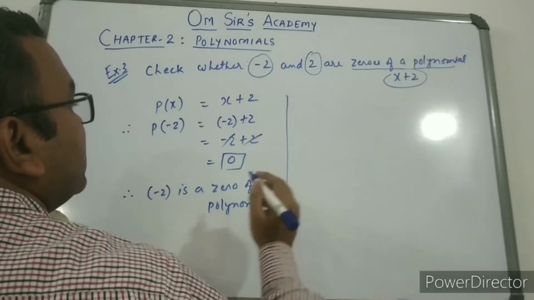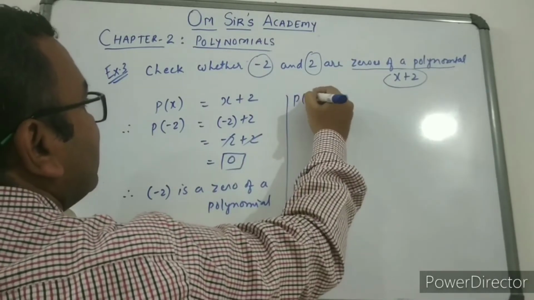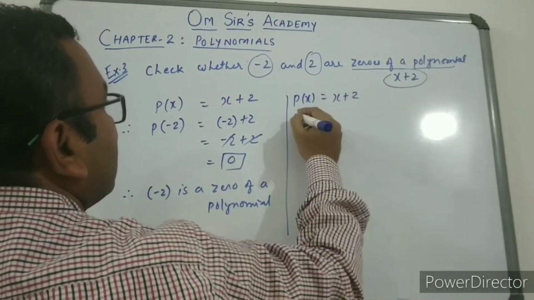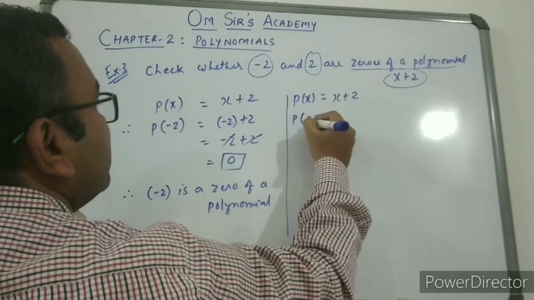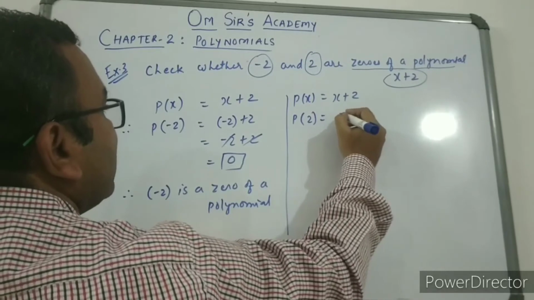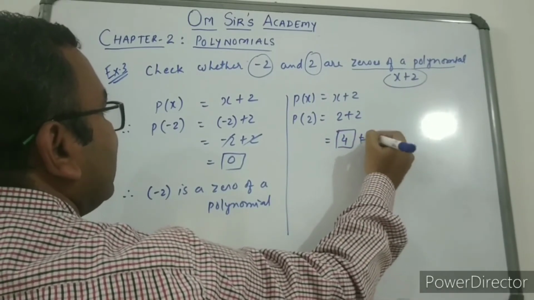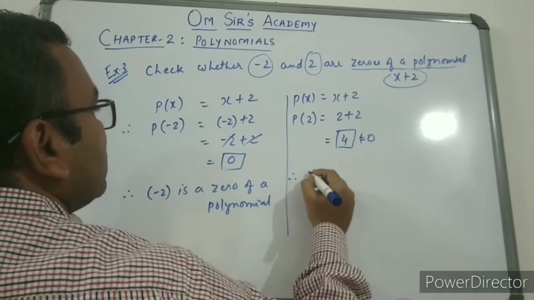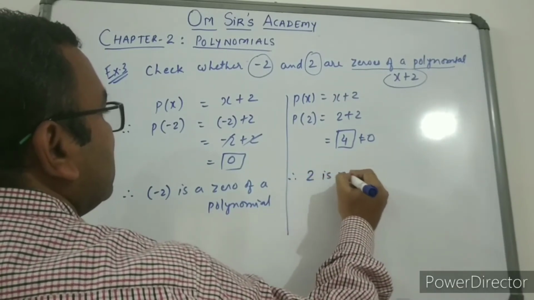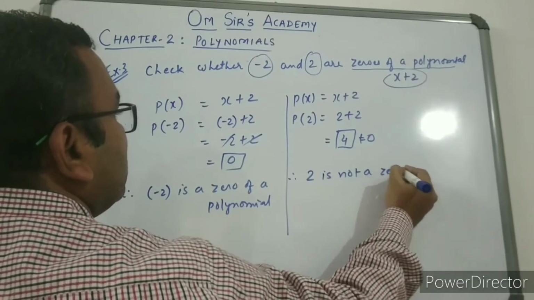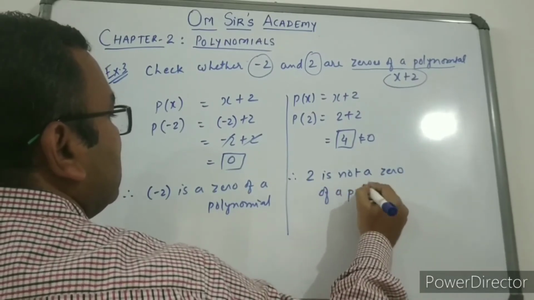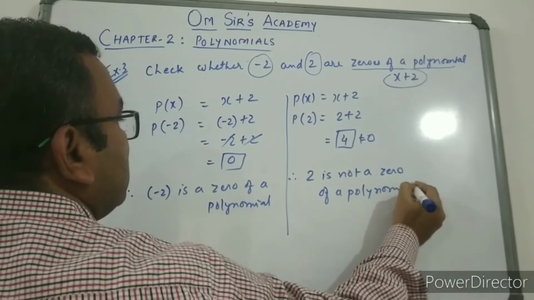Then another one, instead of x, I'll put the value 2. So it will become 2 plus 2. Answer will be 4. It is not equal to 0. So therefore 2 is not a 0 of the polynomial.